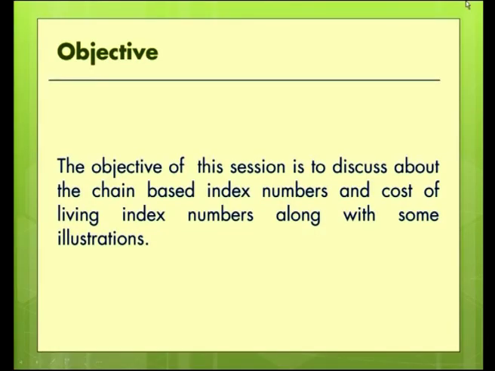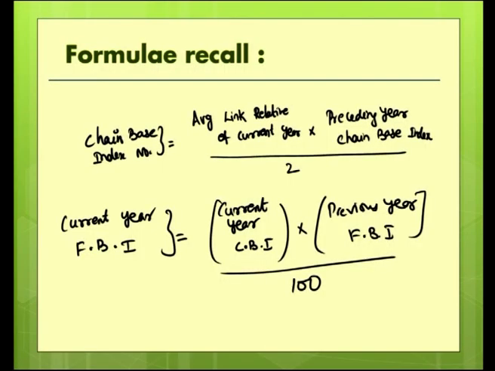In this session, we are going to talk about chain based index number and cost of living index number, also called consumer price index numbers, along with some illustrations. The formula recall is important because we need these 2 formulae for computing chain based index number in the next slide.